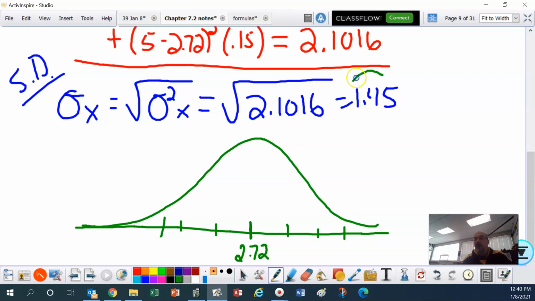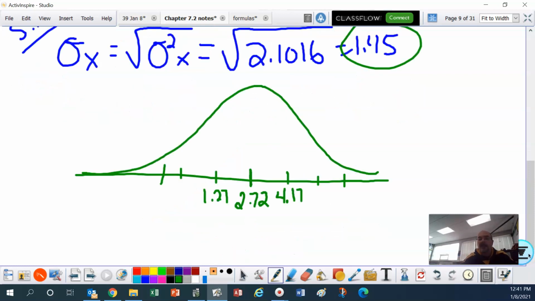The standard deviation is 1.45. So if I add 1.45, that would be one standard deviation above the mean. If I subtract 1.45, that would be 1.27 items. Now remember, this is the number of items that a customer is buying.